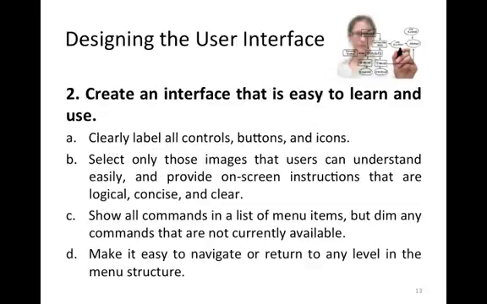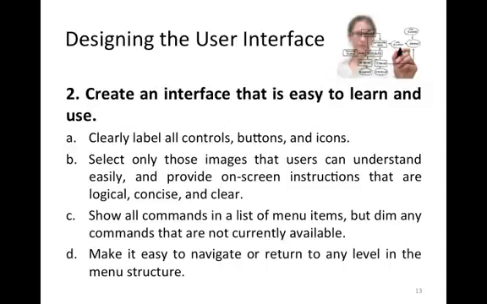We want to have an interface that is easy to learn. So we alluded to this before, that we need things clearly labeled. All controls, all buttons, all icons, everything needs to have a label to it. It's lovely to have images.